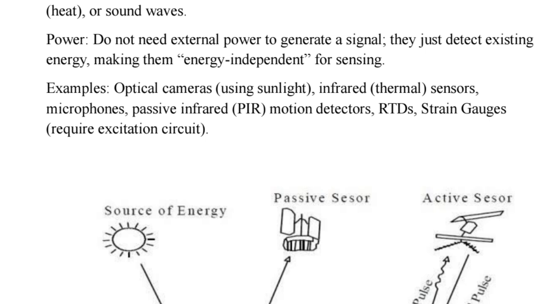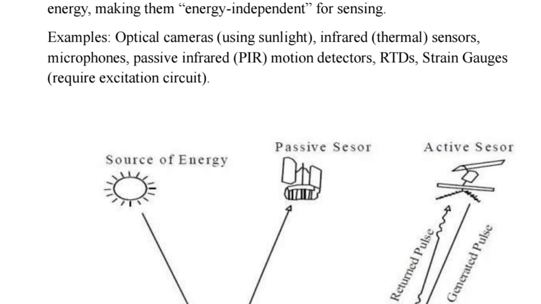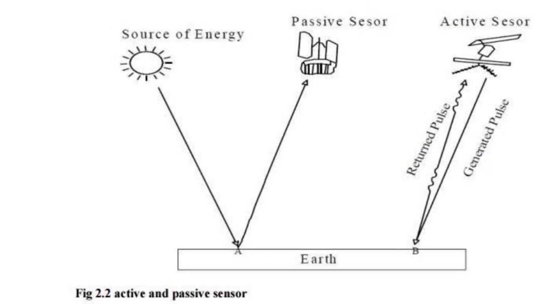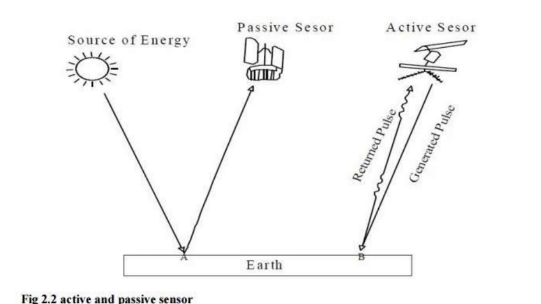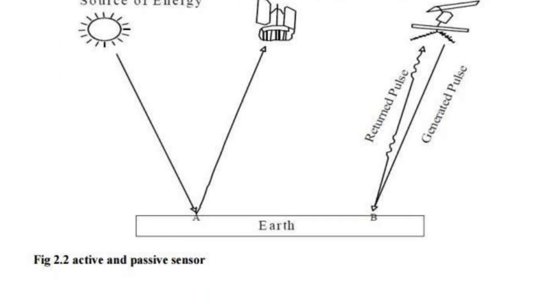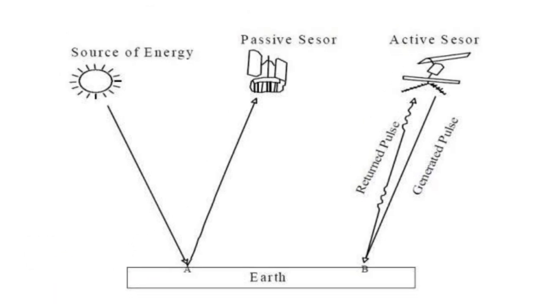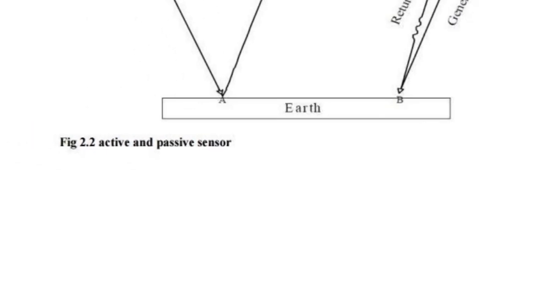The maximum majority of sensors are passive sensors only. The main difference is that for a passive sensor, the source of energy targets some object and it is then collected by the passive sensor. But for an active sensor, the pulse is returned back to the active sensor itself. So this is the main difference between active and passive sensors.